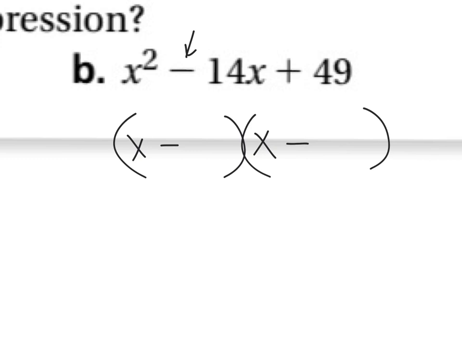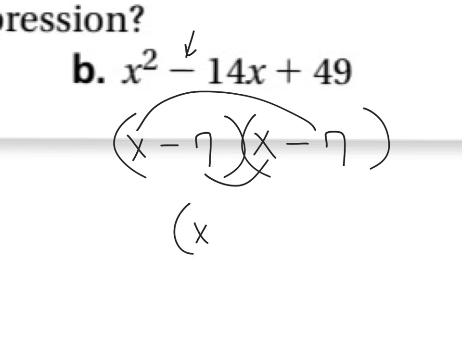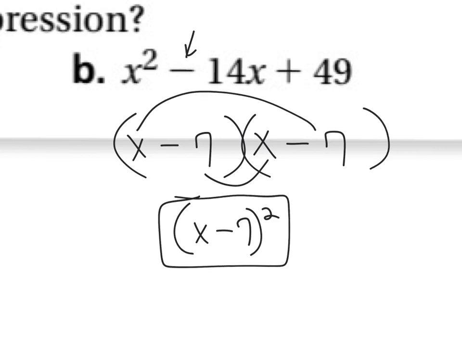And factors of 49, if we try 7 and 7, that's minus 7x minus 7x gives us the negative 14x. And then binomials are both the same again, so we could write that as x minus 7 quantity squared.